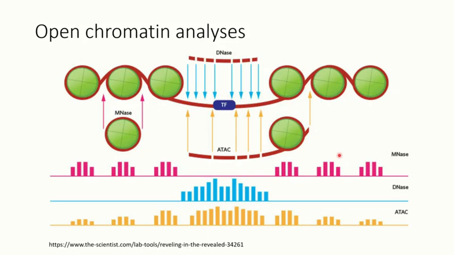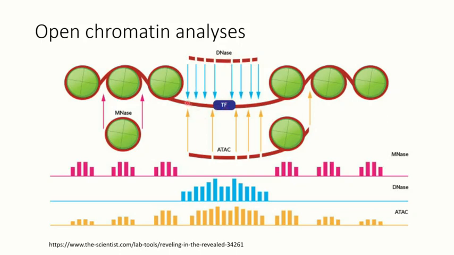So another technique is called open chromatin analysis. In this case, you don't consider any binding, but you just look at the chromatin structure and try to estimate which part is open and which part is closed. What you can do is to use DNase. Those are enzymes that will cut open chromatin.